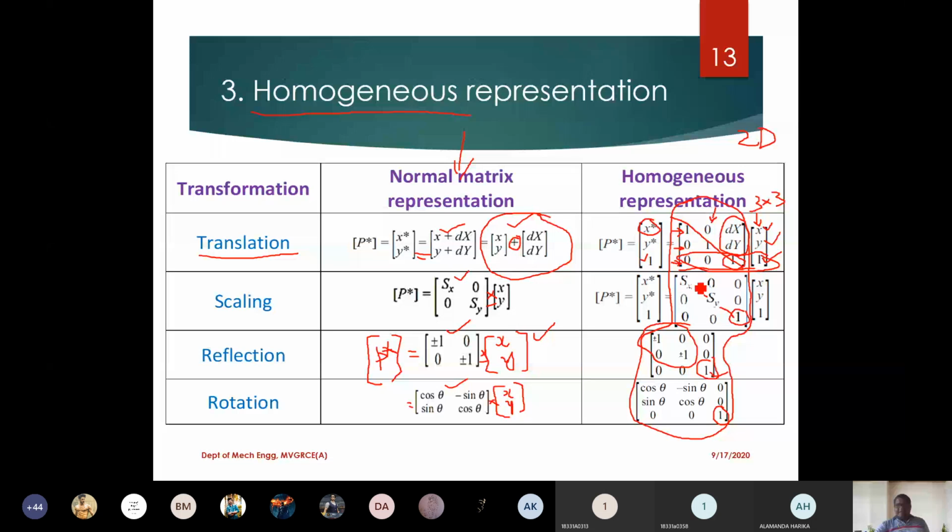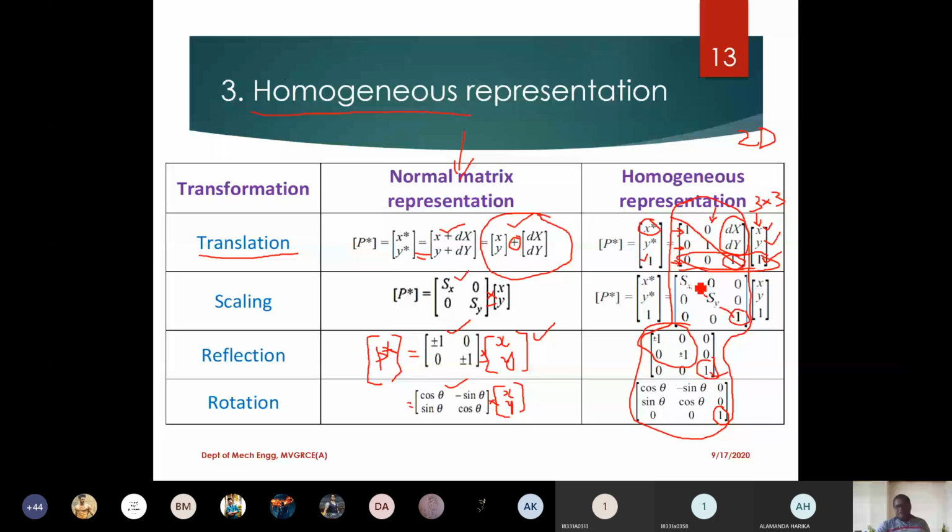All the 4 values I am getting at the beginning of the 3 by 3 matrix, followed by the bottom right one, which is always 1, and the remaining things are zeros. So I hope you can remember all these transformation matrices, which are very important.